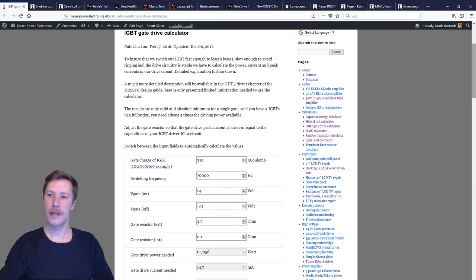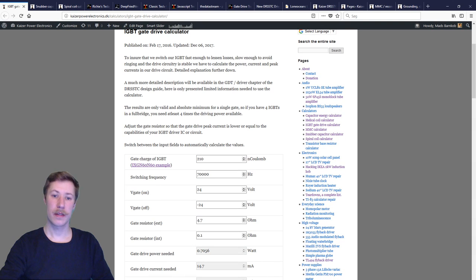The IGBT gate drive calculator. This is a good small tool to check if your IGBT or your gate drive design is powerful enough, and what kind of power supply you have to use. Maybe a small single 24 volt 1 amp regulator is not enough. So you can calculate all this here.